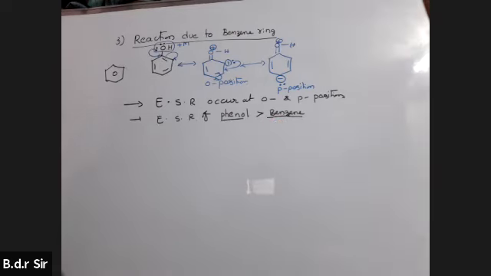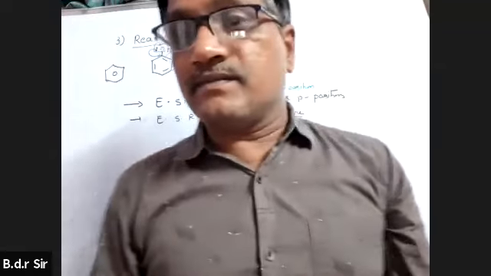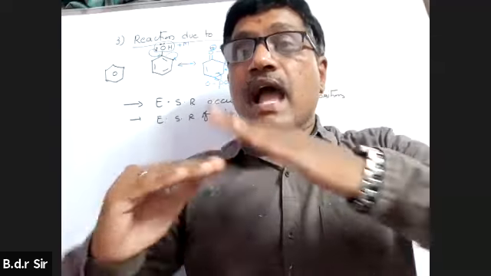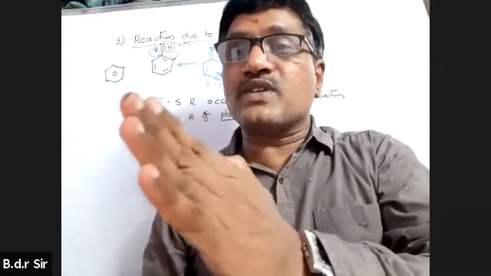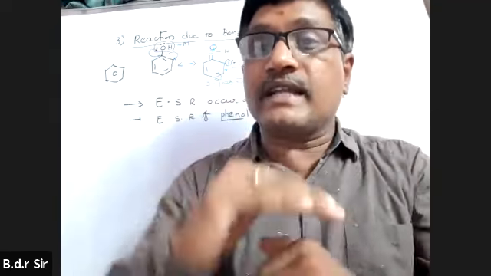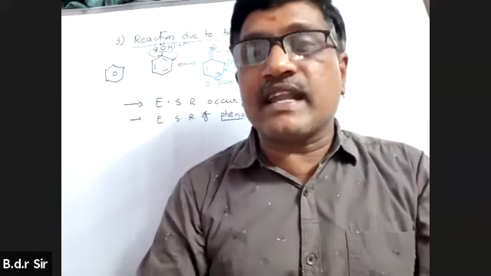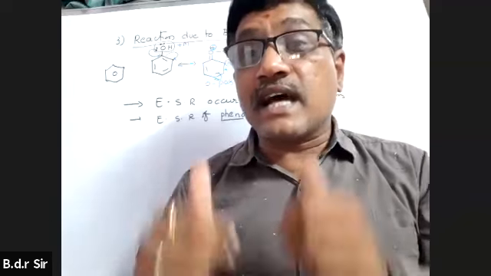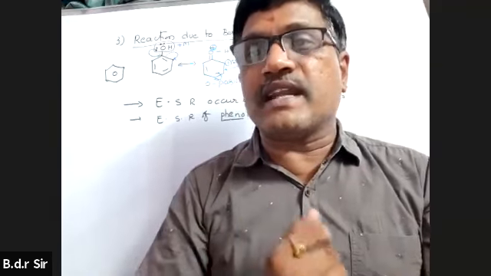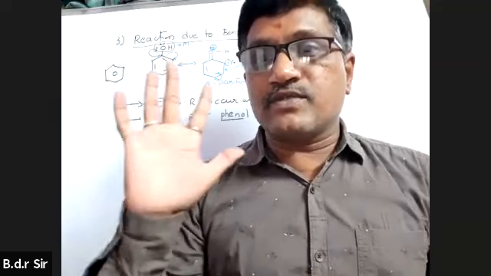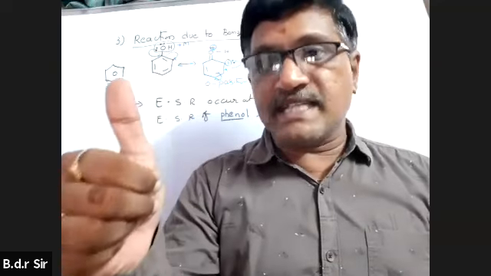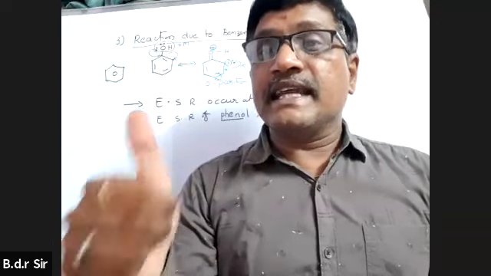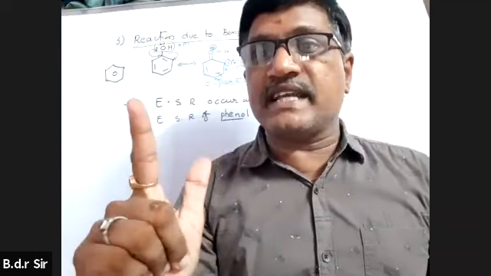Here, what is an electrophilic substitution reaction? In the reaction, an atom or group is substituted by an electrophile. Then the reaction is called an electrophilic substitution reaction. Which compounds undergo electrophilic substitution reactions? Observe the key points. One is benzene. In first year, benzene; in second year, chlorobenzene.